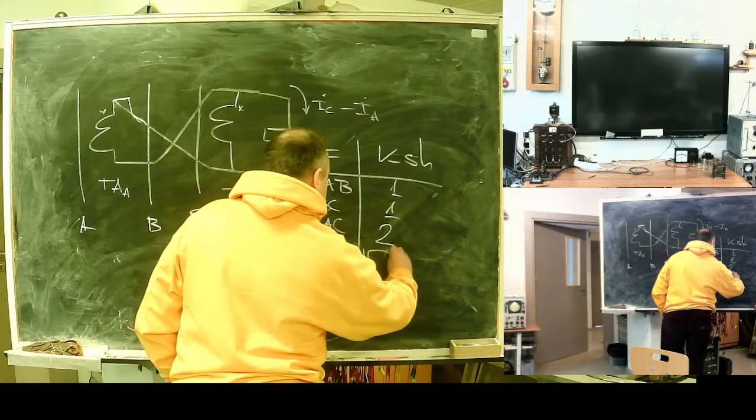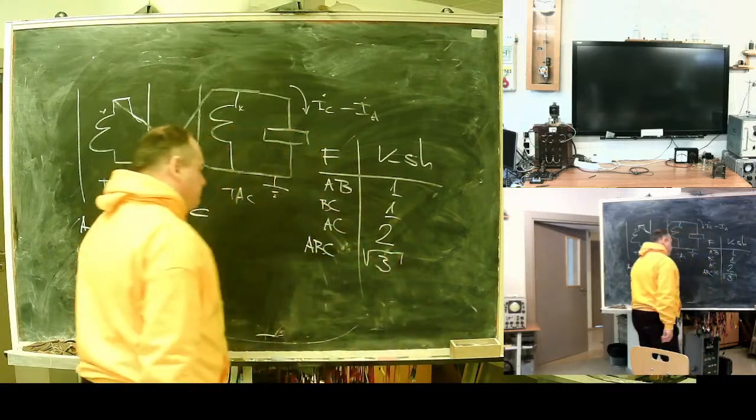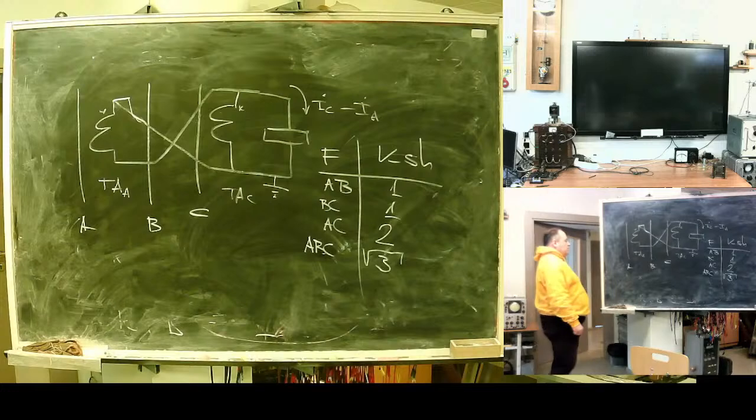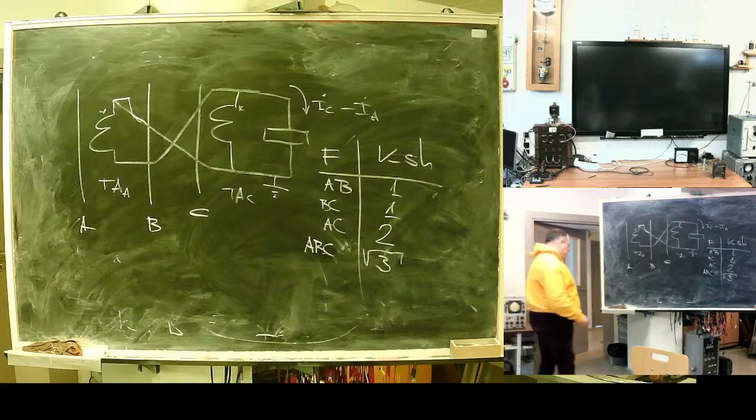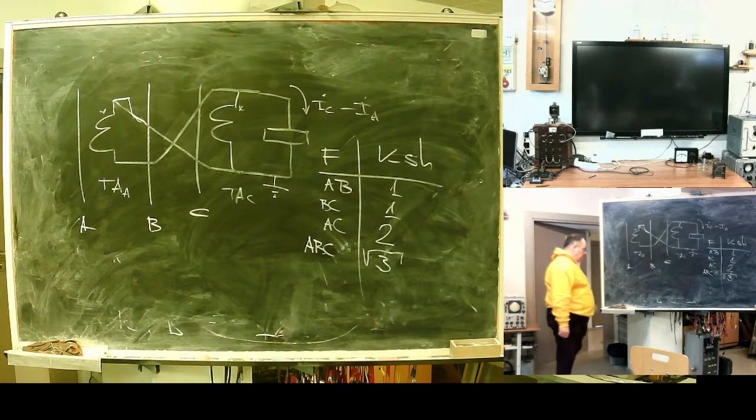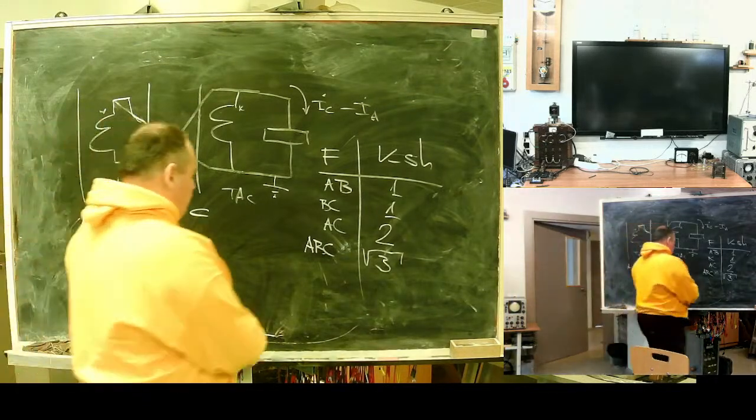ABC, square root of 3. First problem with it, schematics factor variance. That means the trade current should vary. Its problem is calculating the trade current, but that's not all.